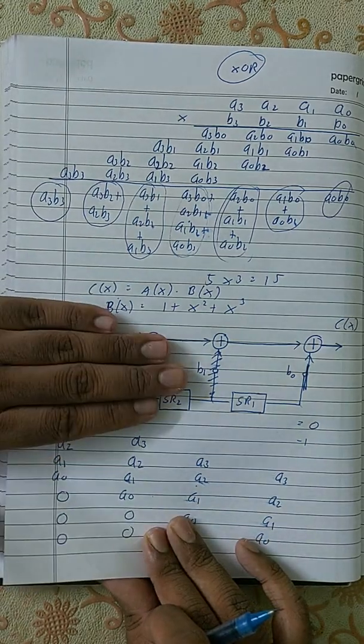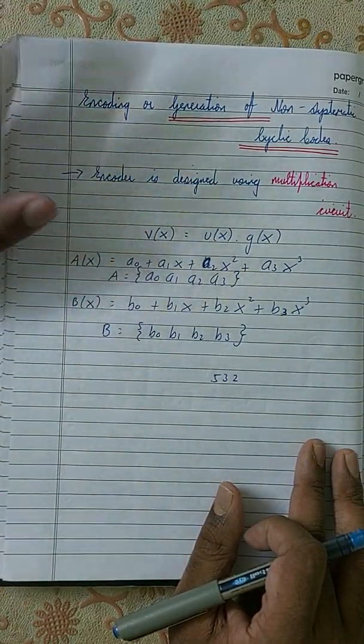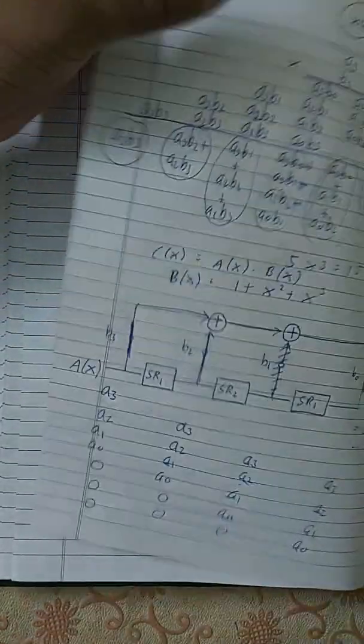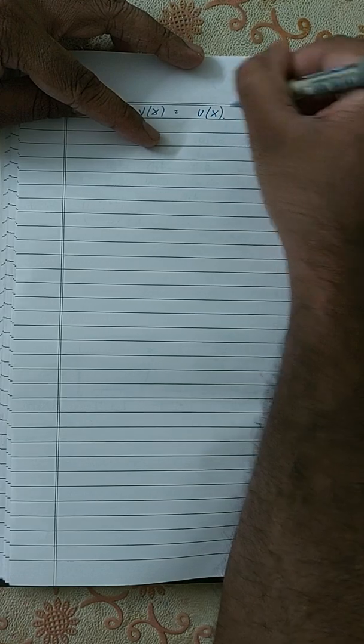Now I have explained to you the actual circuit. So now drawing the circuit will become very easy for you. Likewise, let me write v of x is equal to u of x into g of x.